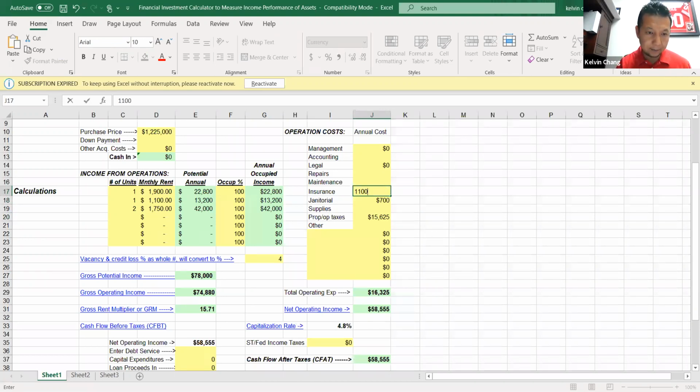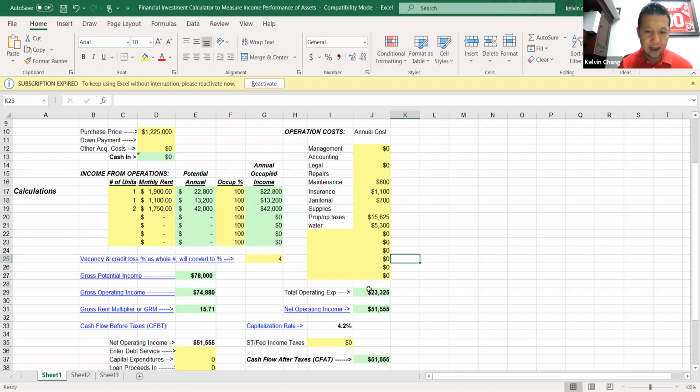The gardener is $600 and water is $5,300. Do you guys see my expenses now calculated to be $23,325?